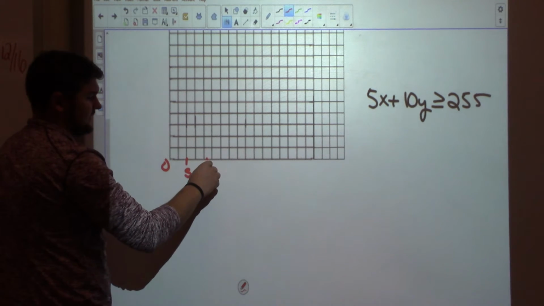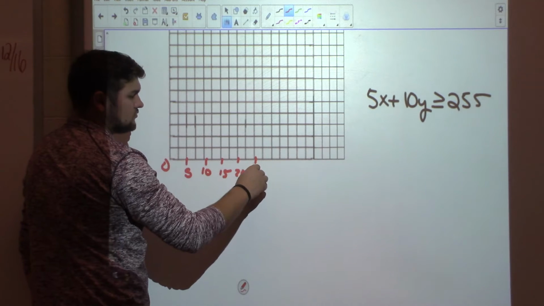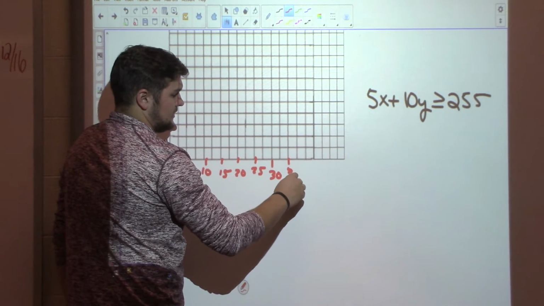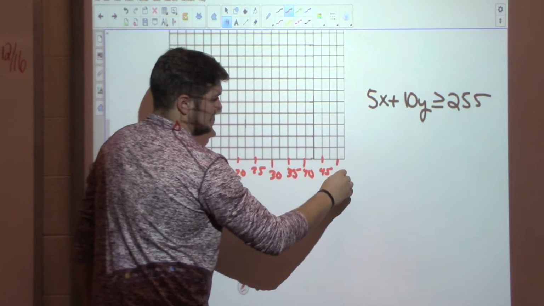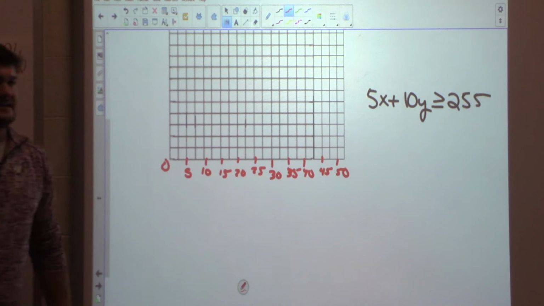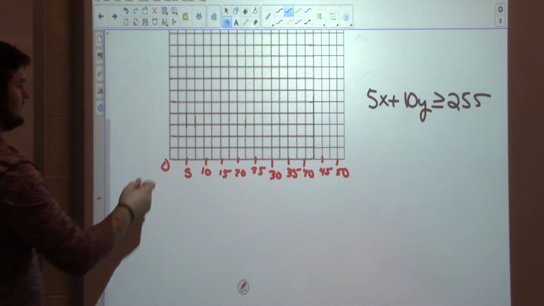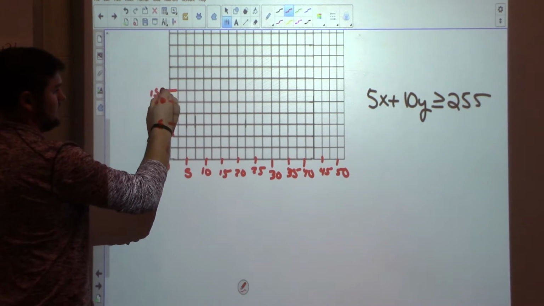It's like 5, 10, 15, 20, so on and so forth, 30, 35, 40, 45. Okay, so that's my x-axis. My y-axis, I'm going to do the same thing. 5, 10, 15.